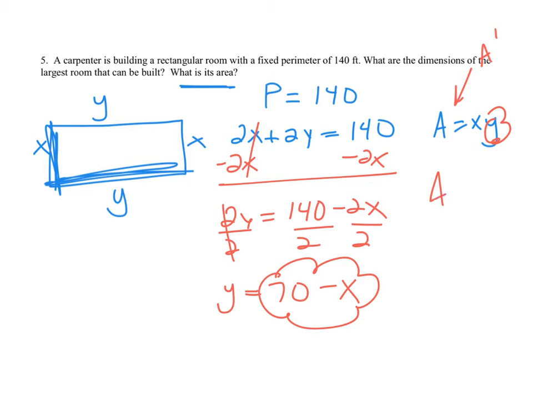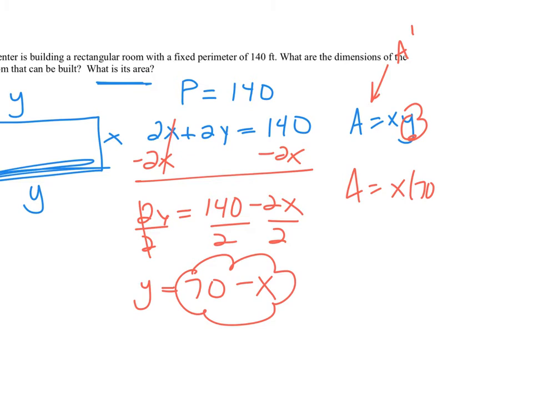So I have area equals x times 70 minus x. I'm going to distribute this in, so I get area equals 70x minus x squared, and this is where I'm going to go ahead and take my derivative. I'm going to take my derivative so that I can find that local maximum, basically where there is a maximum on the graph, therefore where I'm going to get my maximum area.